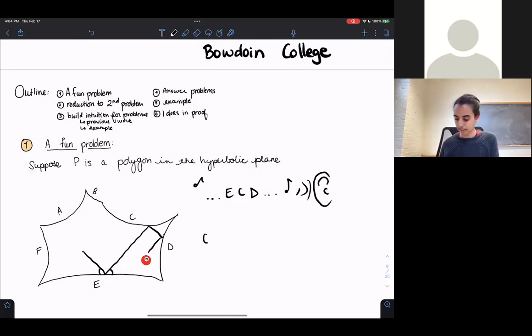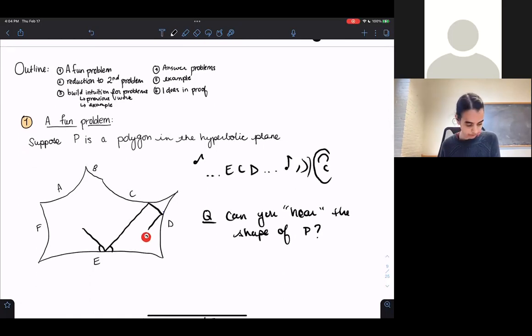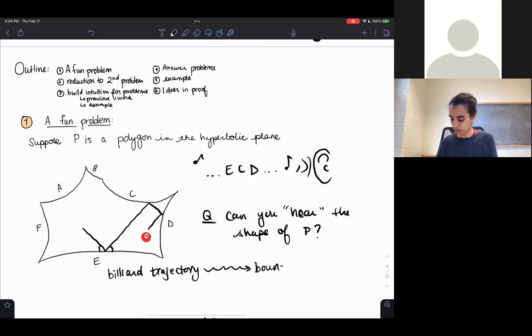The question is, can they figure out the shape of the polygon P, our polygon? So what I'm saying is for each billiard trajectory, I get a sequence, which I'm going to call the bounce sequence, of letters.